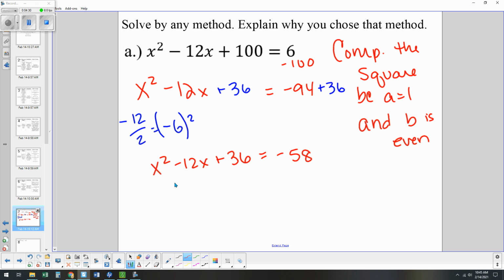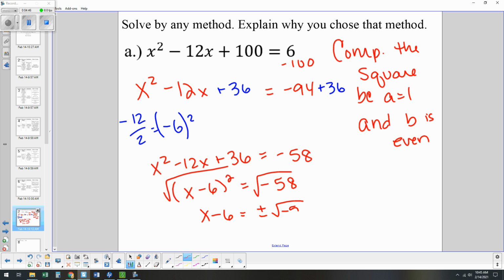I'm going to rewrite this as x minus 6 squared equals negative 58. Now I'm going to take the square root of both sides. Right now it's a solve by square roots problem. So x minus 6 equals plus or minus the square root of negative 58. This doesn't reduce the 58, but the negative will come out as i.